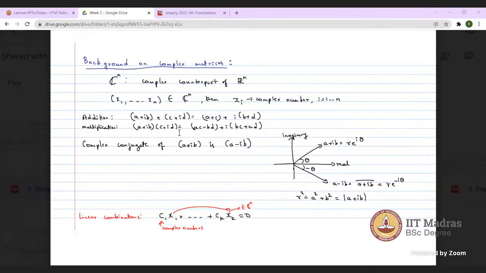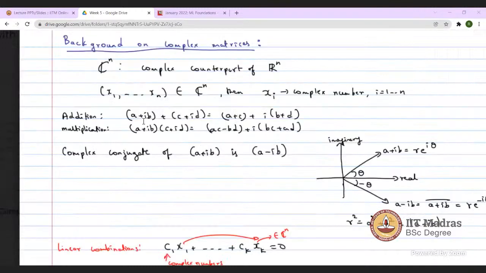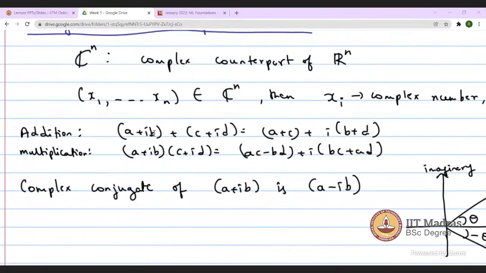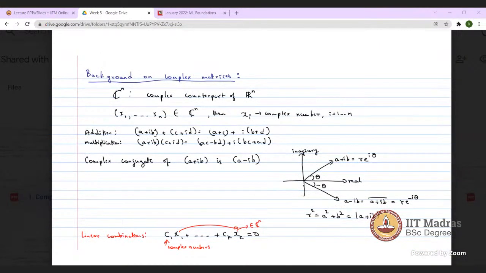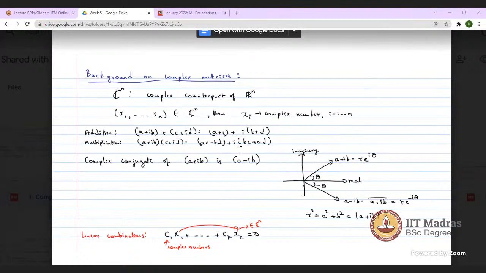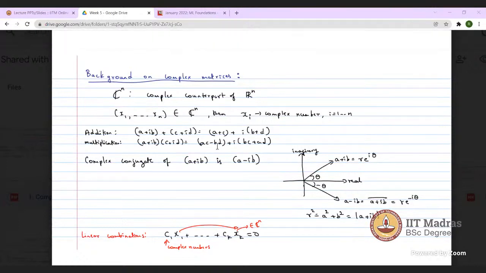Every complex number has a real part and an imaginary part. So a plus ib is the general way in which we represent a complex number, where a is the real part and ib is the imaginary part. The applications we'll be discussing later.